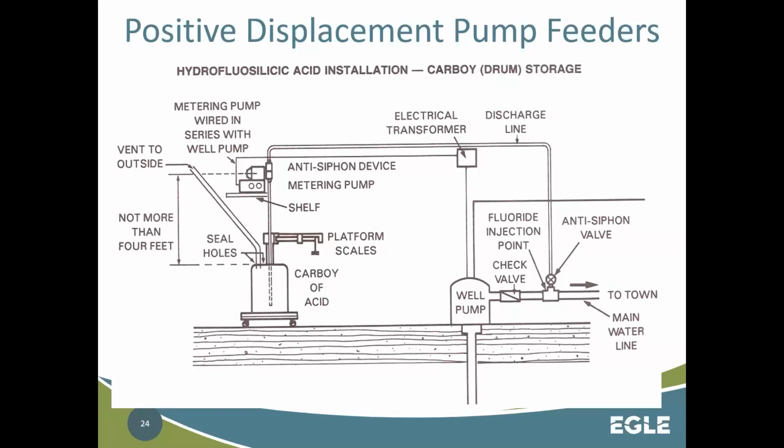The day tank should also have overflow protection. And then you can see here, there's two anti-siphon valves. One's on the discharge side of the feed pump. And then one down here at the point of application.